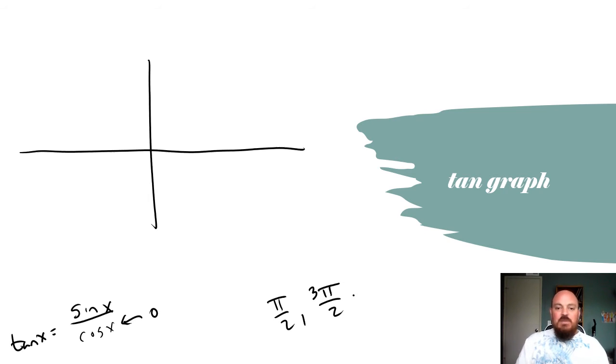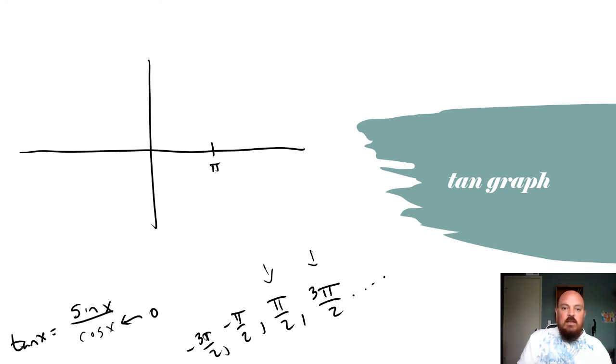But then remember that repeats, so it's also negative pi over 2, negative 3 pi over 2, 5 pi over 2, dot, dot, dot. So just from the unit circle, you get these two values here, which if I mark them, let's say this is 1 pi right here and this is 2 pi right here, you're basically putting an asymptote halfway between each pi.